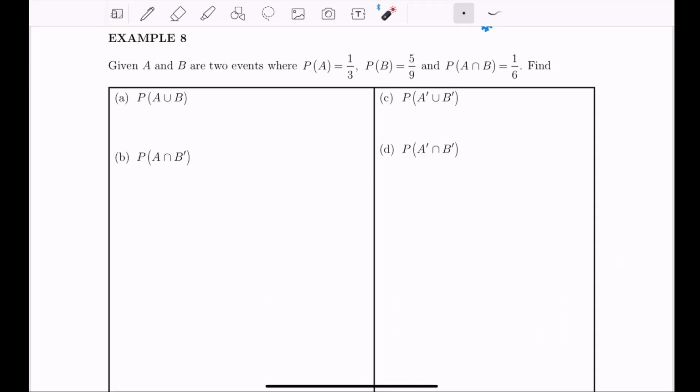Example 8. Given A and B are 2 events where the probability of A equals 1 over 3, the probability of B equals 5 over 9, and the probability of A intersect B equals 1 over 6.